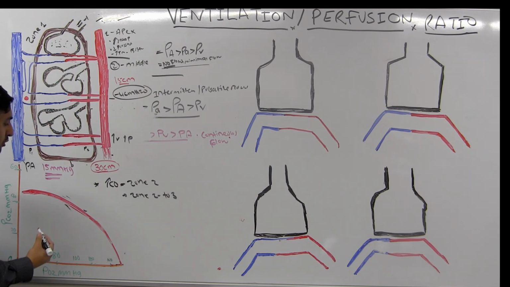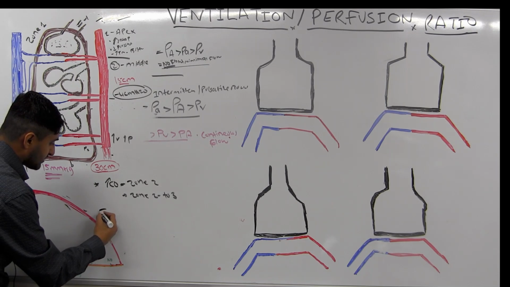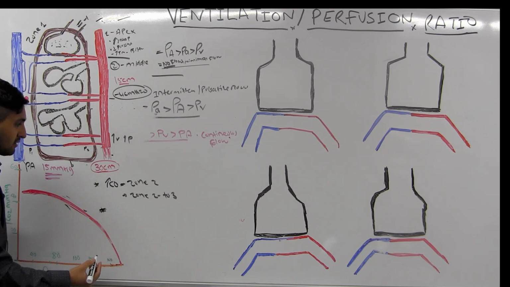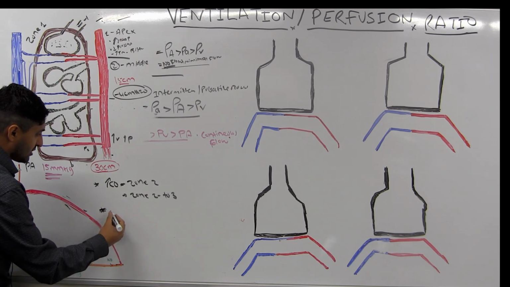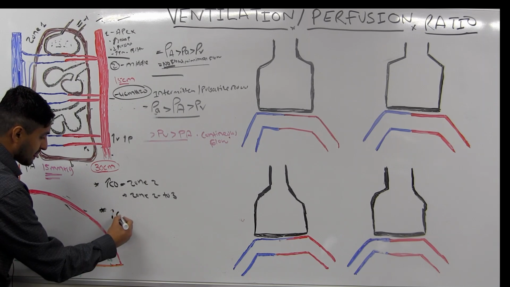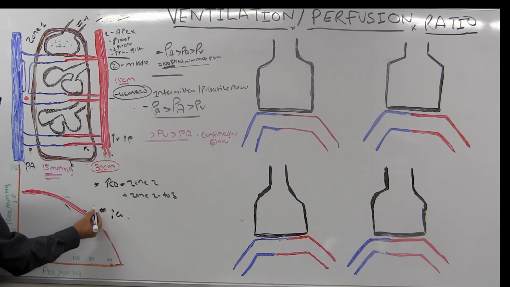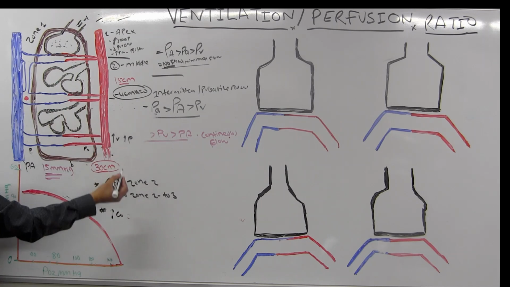Now let's talk about a couple more things. Let's say you're exercising. When exercising, you have an increase in cardiac output. So if you have an increase in cardiac output, what's going to happen?